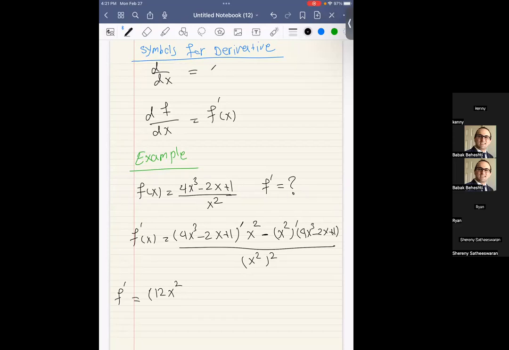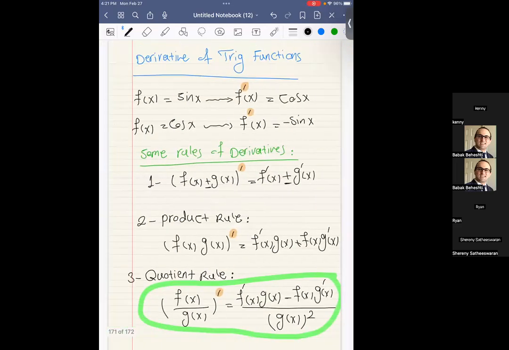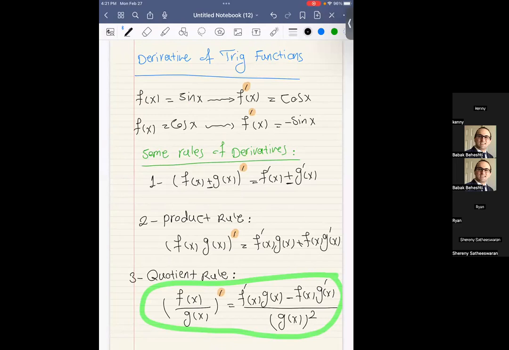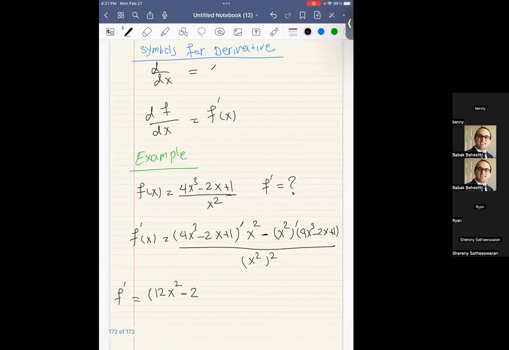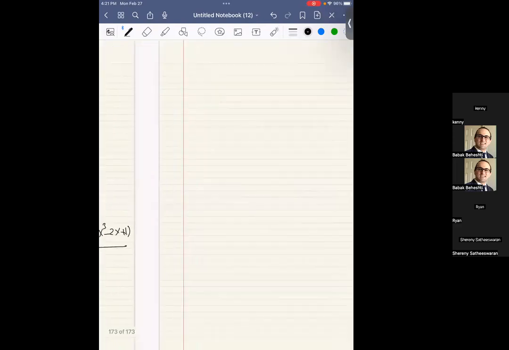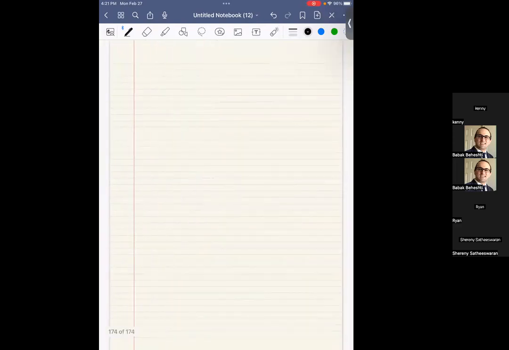Minus, what is the derivative of x? 1, so minus 2. And the derivative of 1 is 0, right? Or maybe it's worthwhile that I write this as a rule. I'm going to write it maybe here.